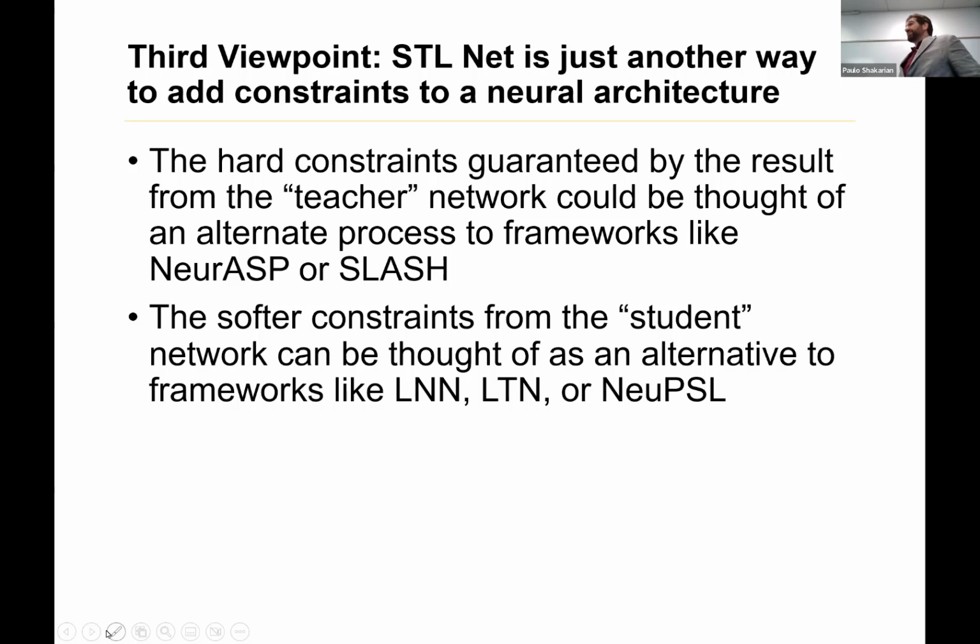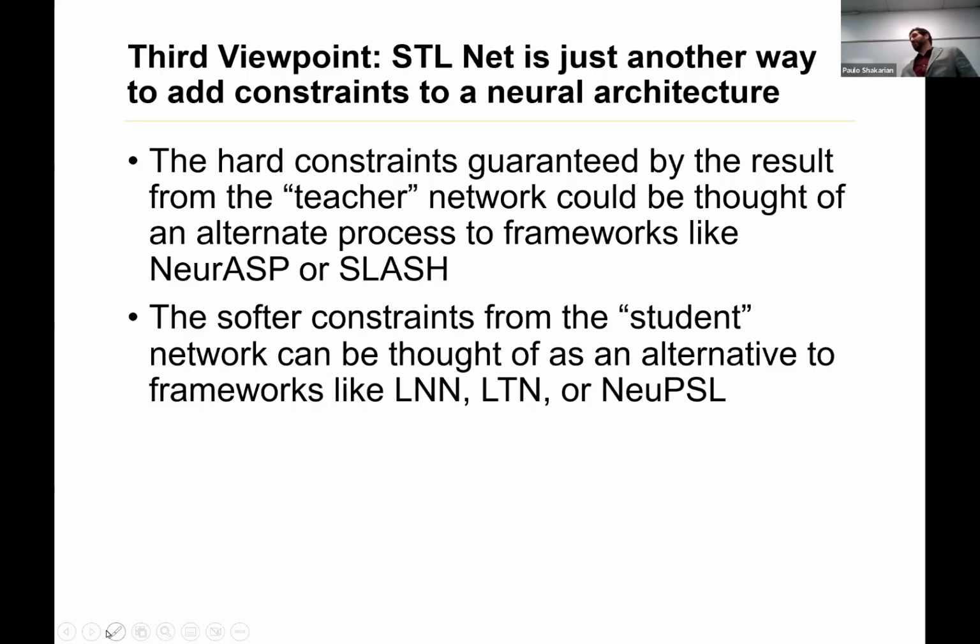You can also view this as another way to add constraints to a neural architecture. We saw with LNNs, we put in the loss function a term dealing with consistency. And this additional term on how close it is to a sequence that meets the constraint actually has a similar intuition when you think about it.